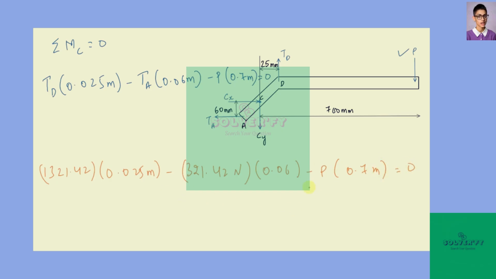Now we simplify this for P and we get the value of P as 19.64 Newton.